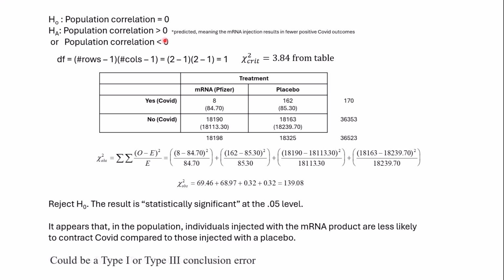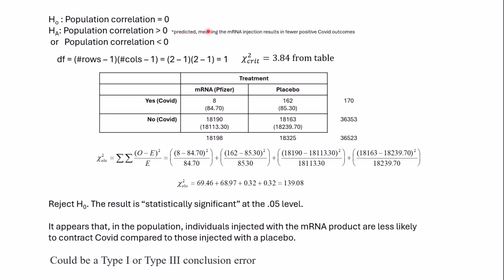So recall our hypotheses, the way we're going to write them for this chi-square test of association. We have the null hypothesis, the population correlation, or we could use the word association here, that would be fine too, is equal to 0. And then the alternative, the population correlation is greater than 0 or it's less than 0. And so we're going to write a little bit here indicating that we're predicting there's going to be a positive association.